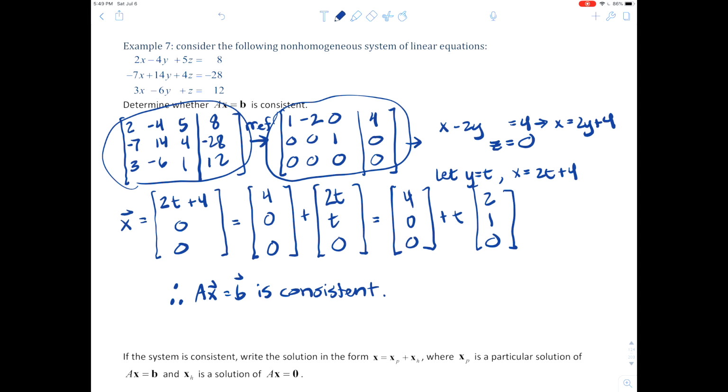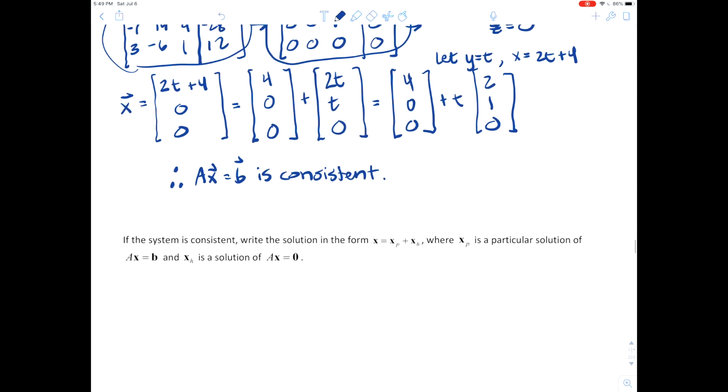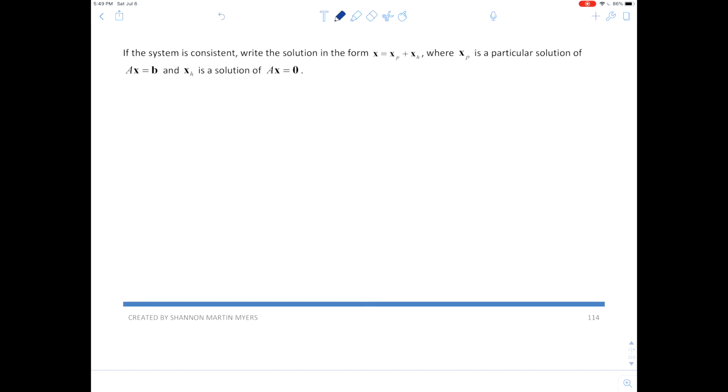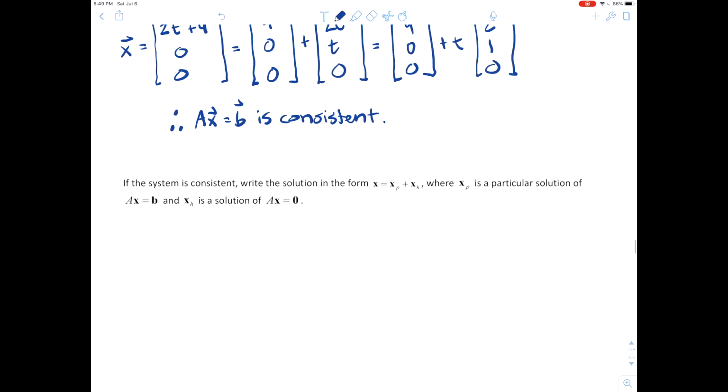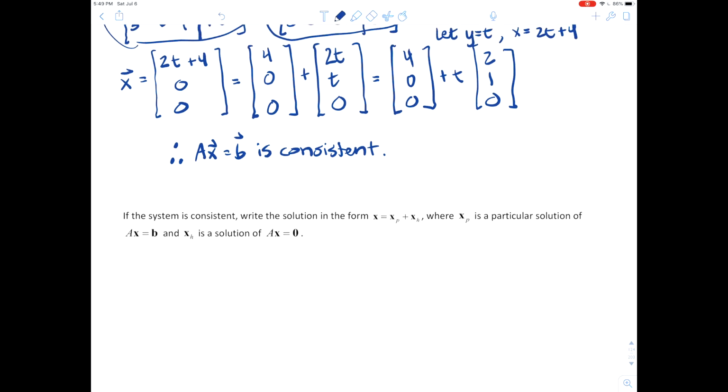Okay, so if the system is consistent, write the solution in the form of x equals xp plus xh, where xp is a particular solution of Ax equals b and xh is a solution of Ax equals 0. Well, here we go. X is equal to (4, 0, 0).